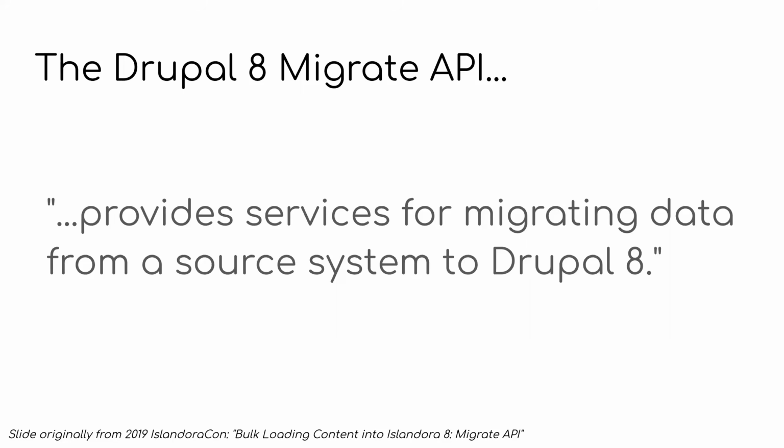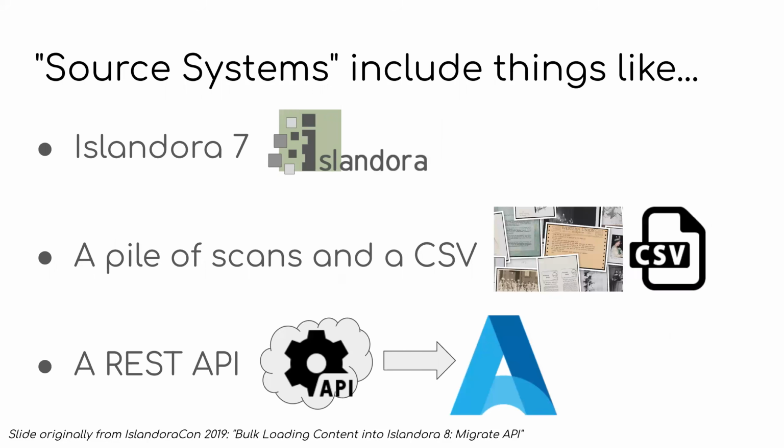So the Migrate API provides services for migrating data from something else into Drupal. And these source systems can be really anything. It could be an Islandora 7 instance. It could be a pile of scans in a CSV, which I use a lot. Or in our case, the REST API, which allows us to talk to ArchivesSpace.